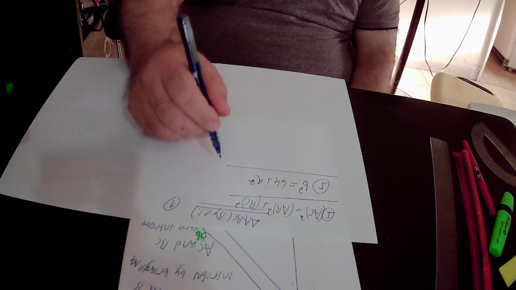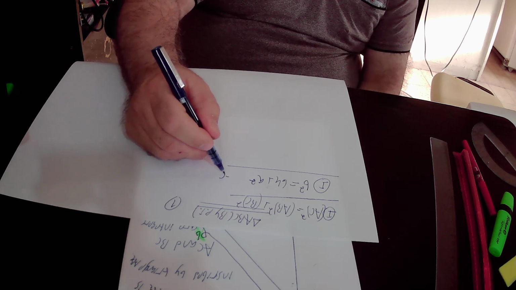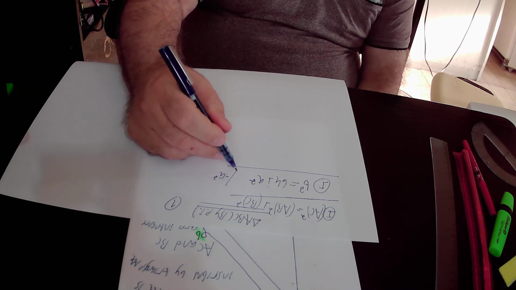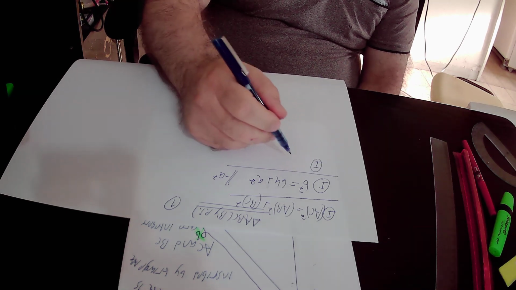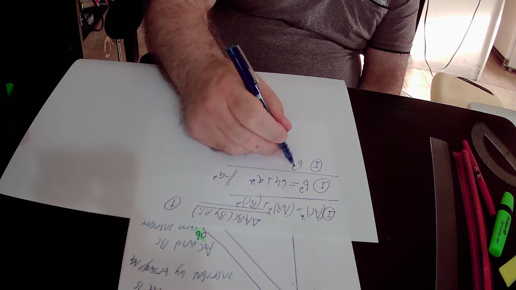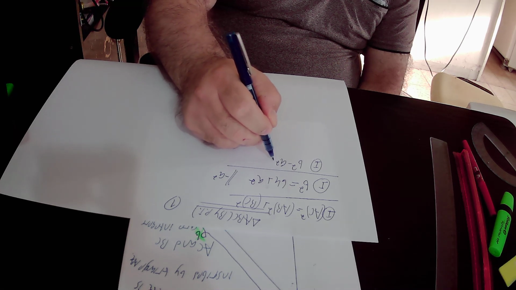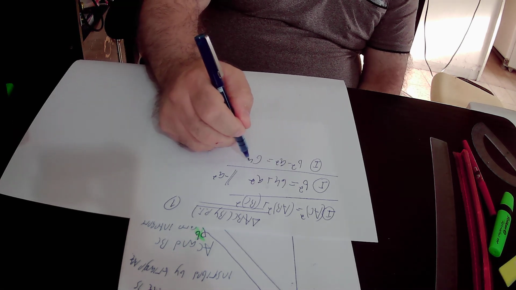Here we will subtract A squared from equation number 1, and we get that B squared minus A squared equals 64.